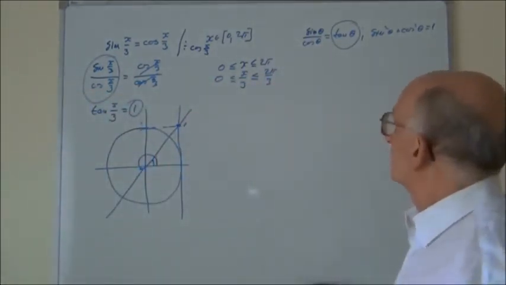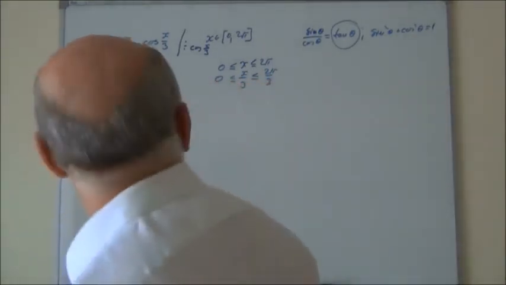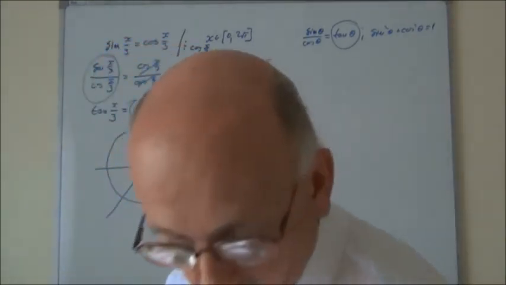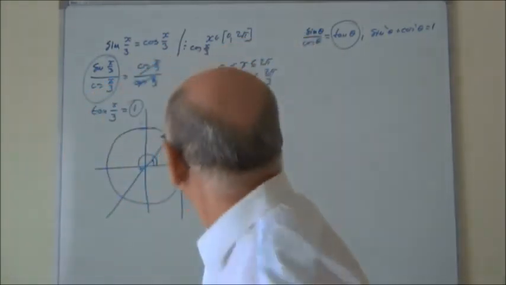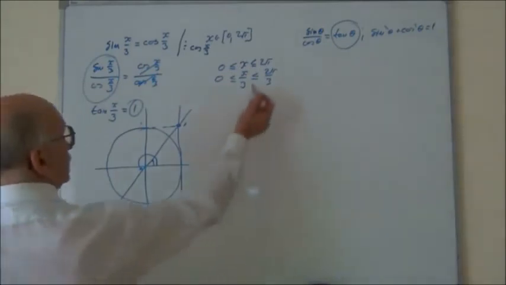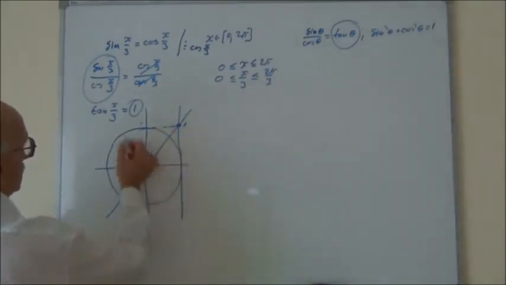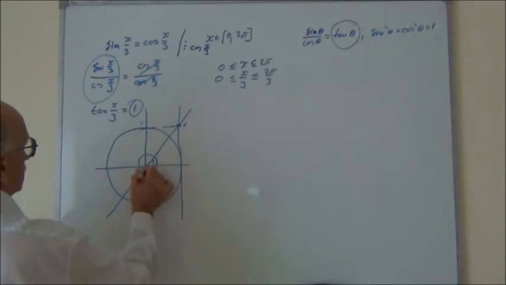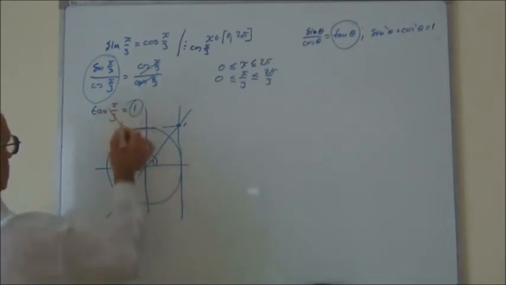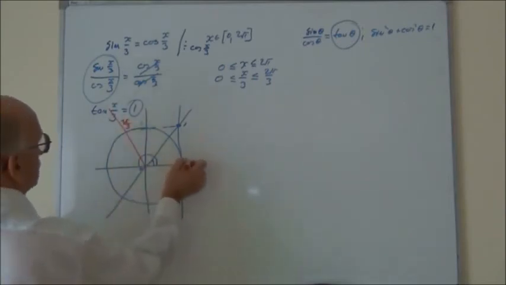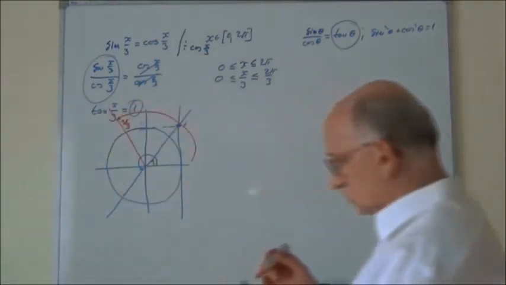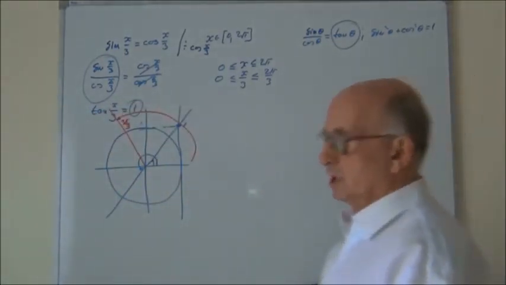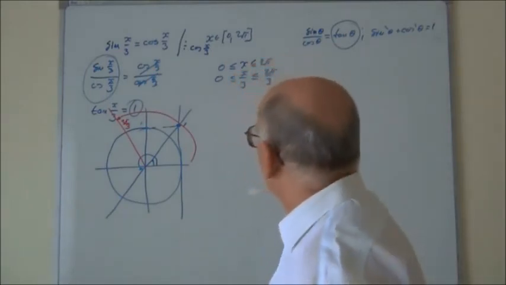So our domain is from 0 to 2 pi on 3, and just to mark it here, pi on 3 and 2 pi on 3 is an angle somewhere here, and basically this is our domain. So we have to pick up all solutions within this domain.